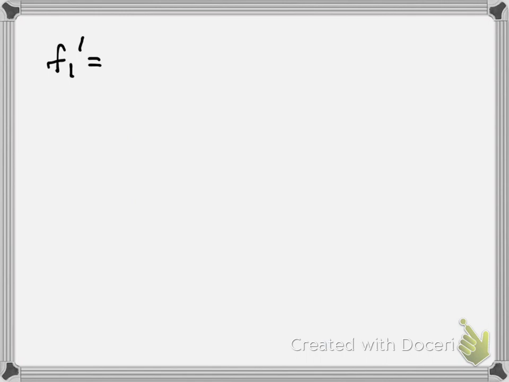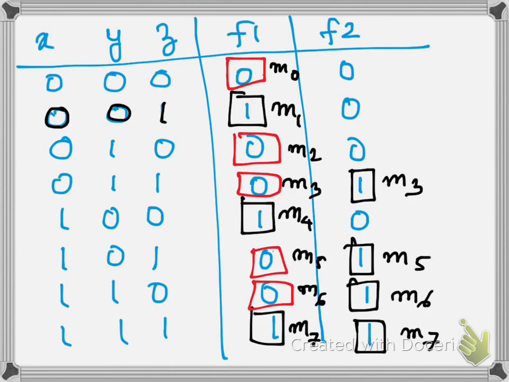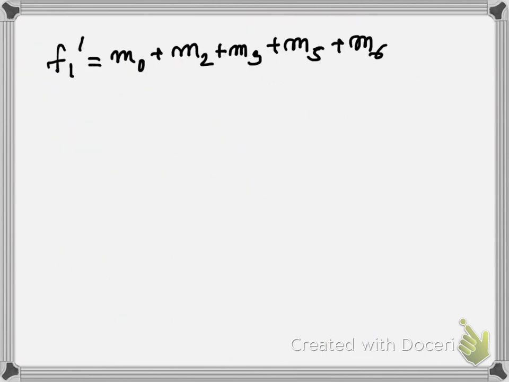So f1 complement would be m0 plus m2 plus m3 plus m5 plus m6. So 1, 2, 3, 4, 5 terms. So this is only f complement.